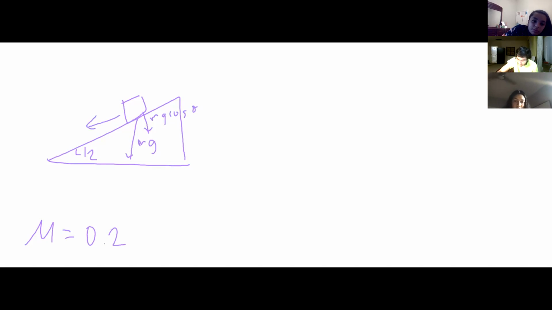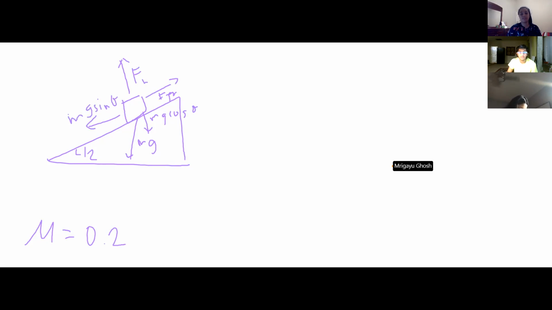Here we have, oh, those are not straight lines, mg sine theta. And then here we have Fn. Okay. Oh, and then friction will be this way, right? Yes, upwards. Okay. Okay, so this is the free body diagram.